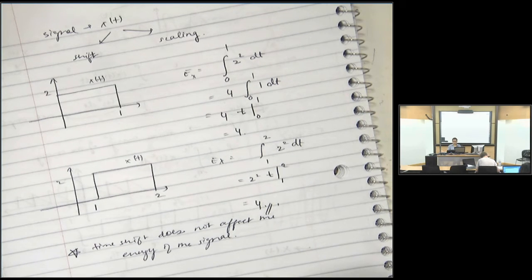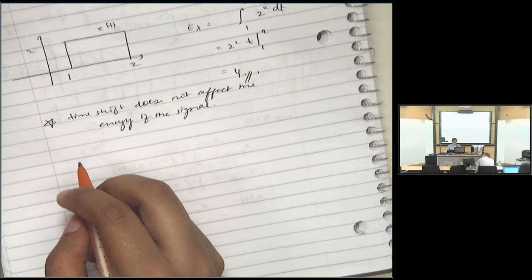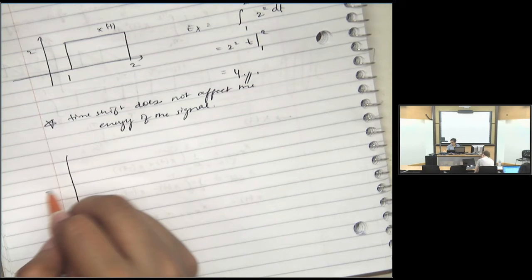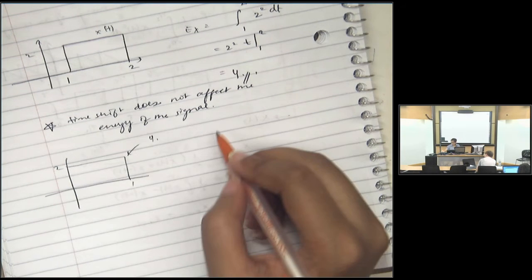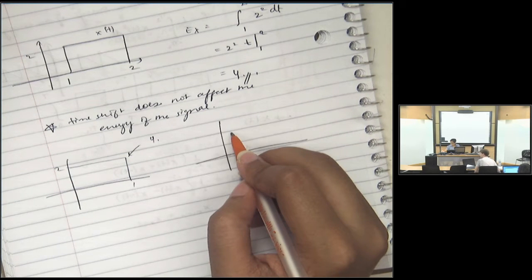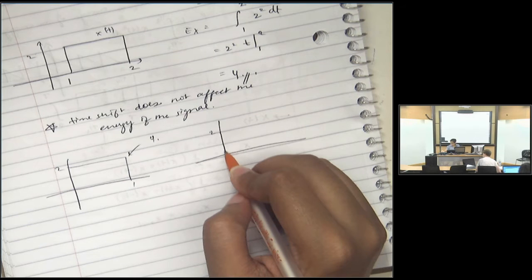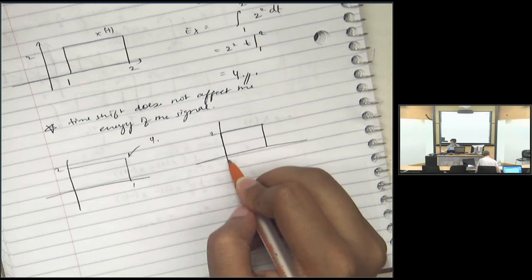All right. Whereas if you are scaling your signal, let's say again the same example, this has an energy of 4. Now if I scale it in time, so this is 2, and now let's say it's going from 0 to half.